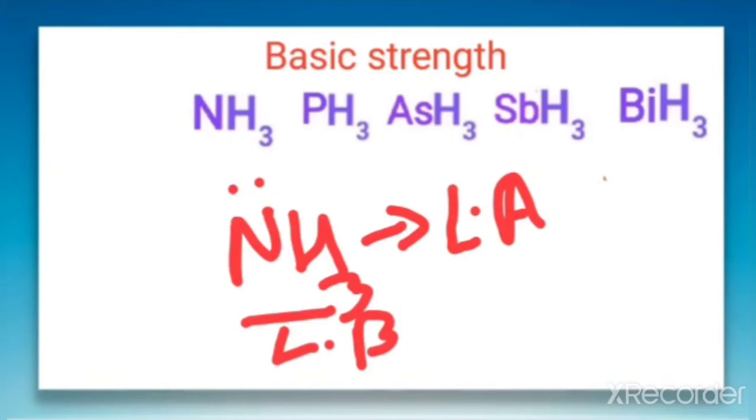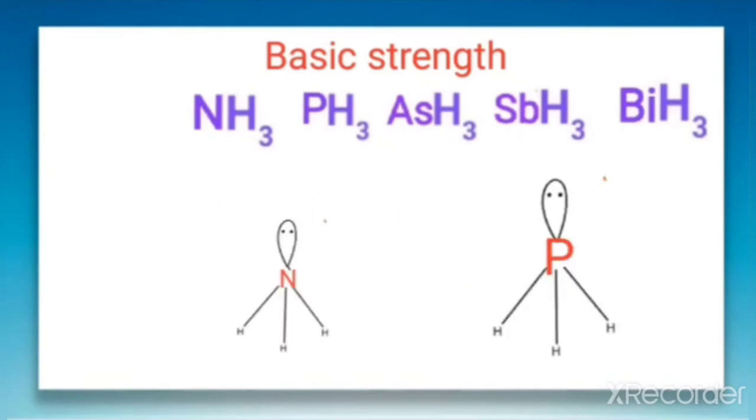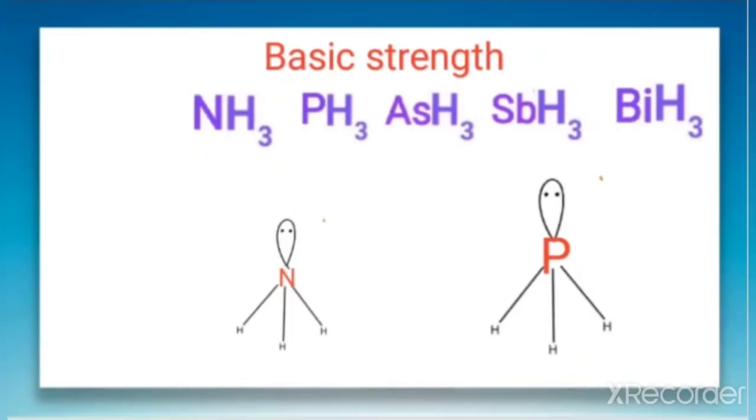Let us compare the basic strength of these hydrides. Let us take the case of NH3 and PH3. Both have a lone pair, which means both can donate it. But the one which donates the lone pair more easily is more basic. Nitrogen is smaller in size and has high electronegativity.